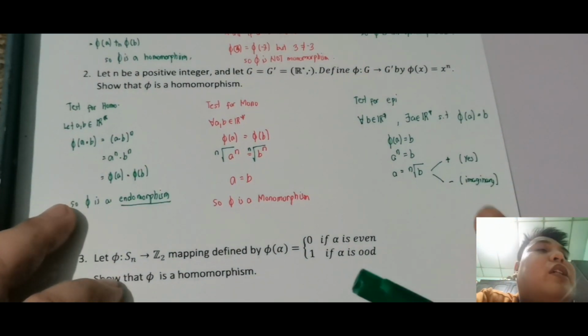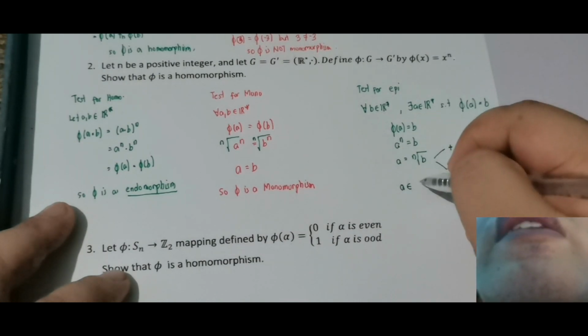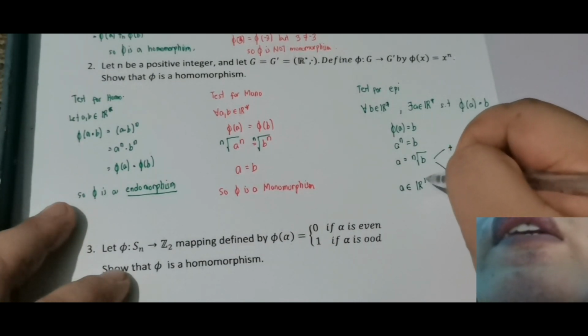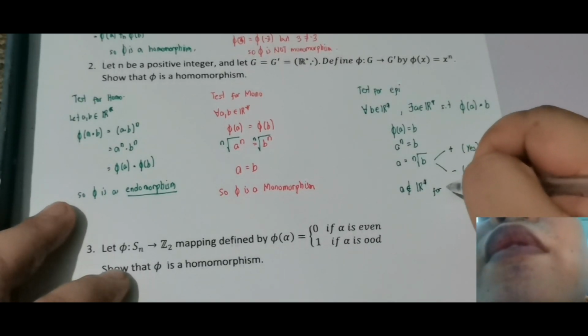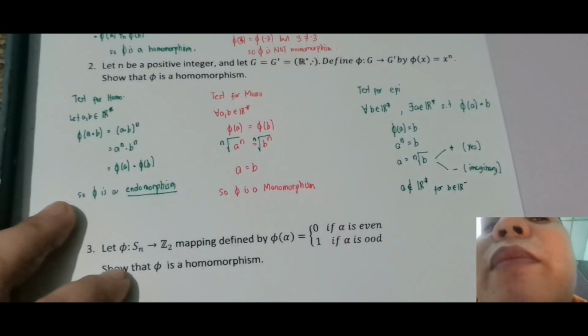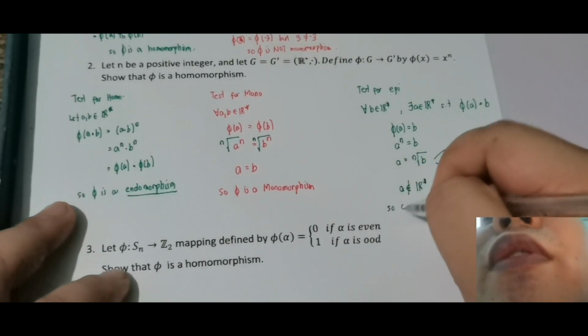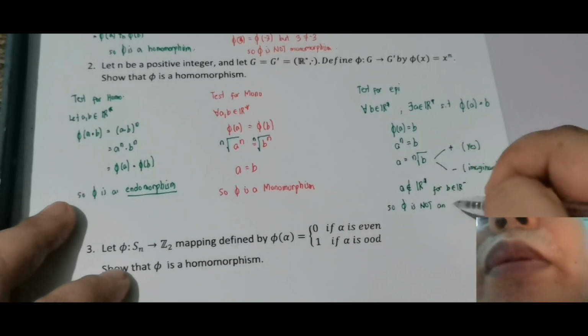So, since it is not defined there, we can say that A is not always an element of R asterisk, for B negative. So P is not an epimorphism.